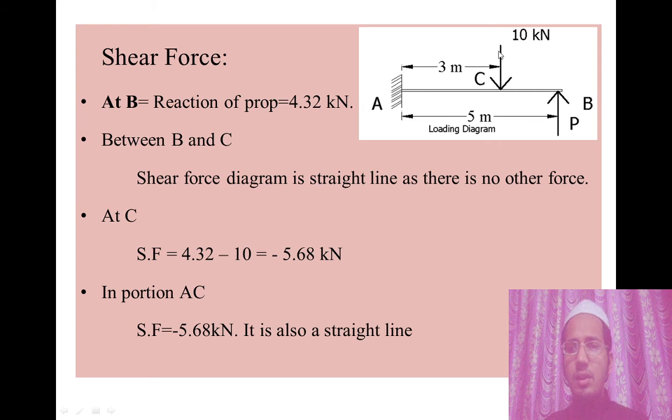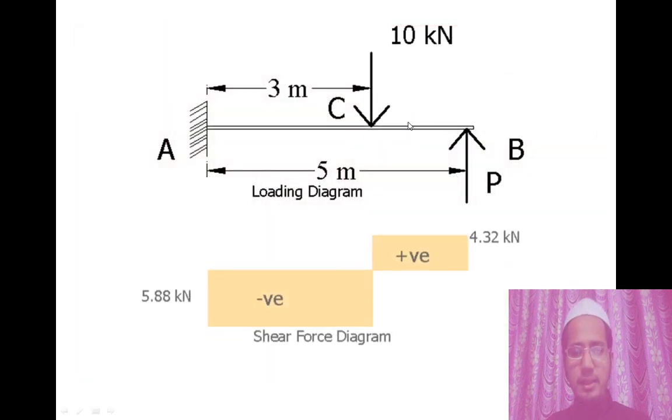Yes, total downward force acting on the beam is 10 and upward is 4.32. The remaining will be the reaction at the fixed end, that is 5.68, an upward reaction. Okay, now shear force exactly at A will be minus 5.68 plus 5.68, that is equal to 0, and the diagram will be like this.